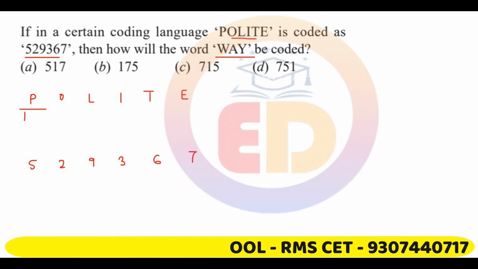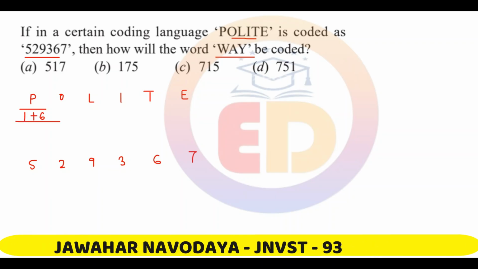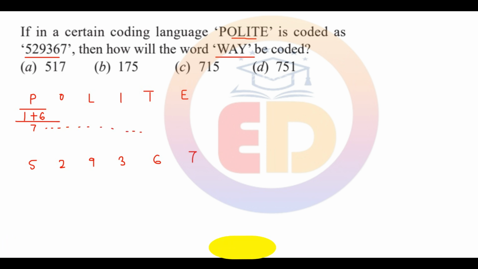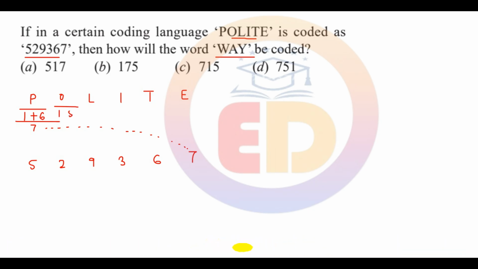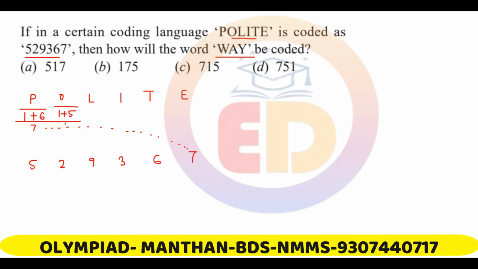Now P is 16. 1 plus 6 is 7, but it is written at the end here. O is 15. 1 plus 5 is 6, but it is written at the second last place.